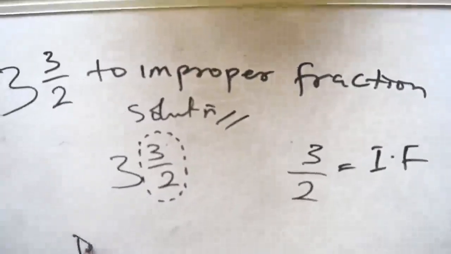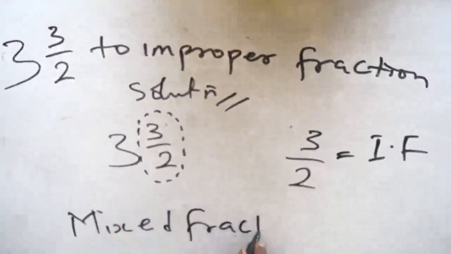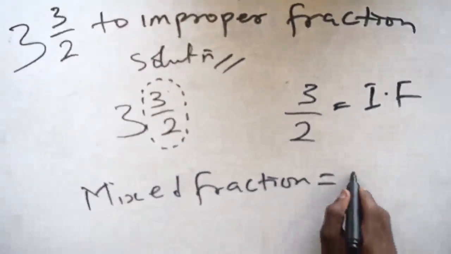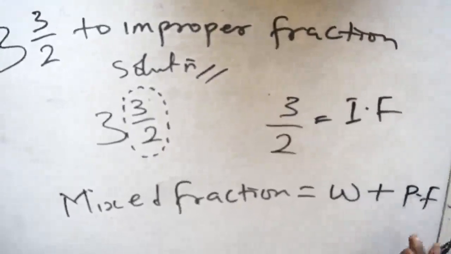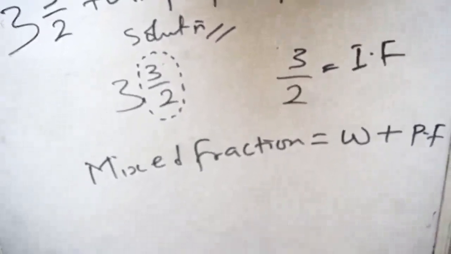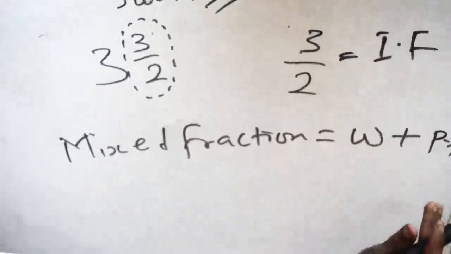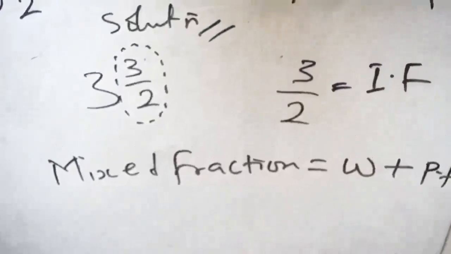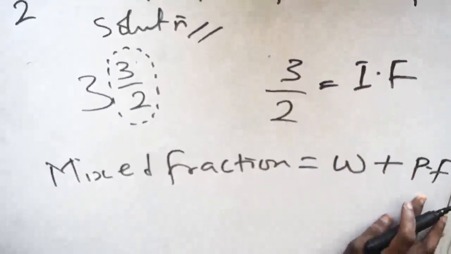Mind you that I said that mixed fraction is equal to your whole number with the addition of proper fraction. So when you are given something, first of all, consider the fractional part. If the fractional part is a proper fraction, you are good to go.